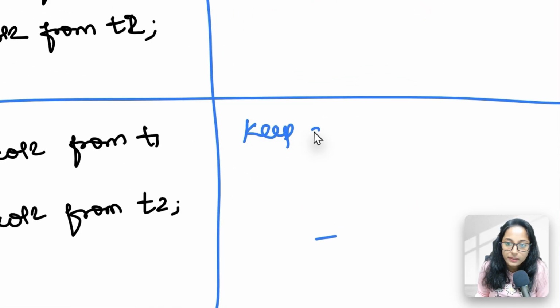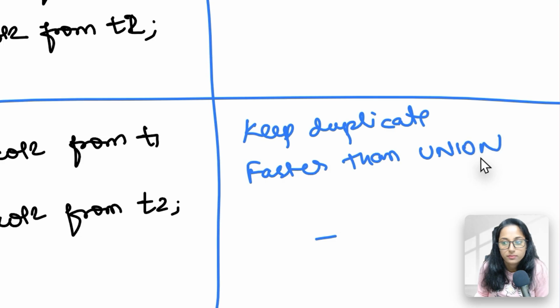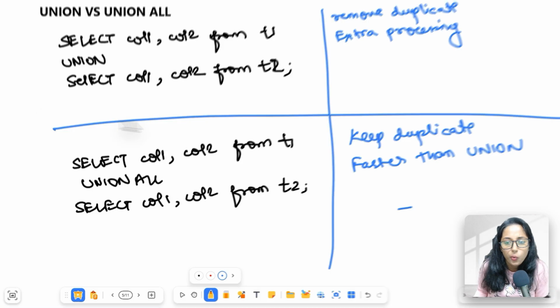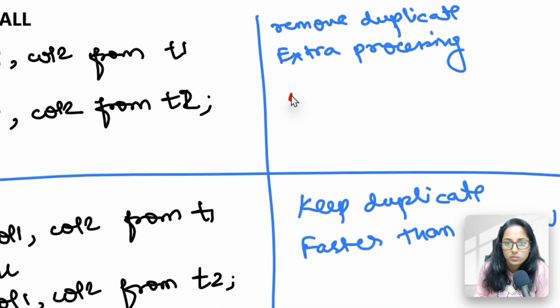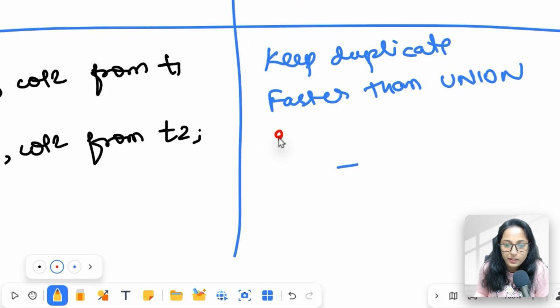It will keep the duplicates and it is faster than union. So it's very straightforward. Union will take only one row, because of which it was able to remove the duplicate. But union all will take two rows.